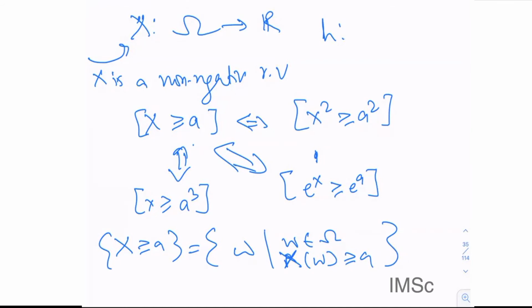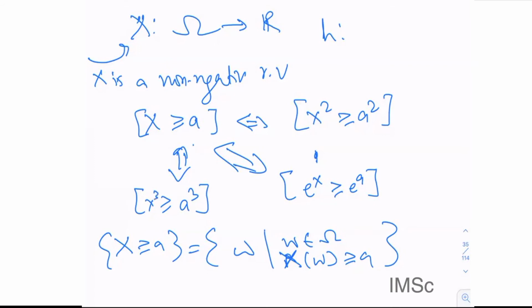What I'm trying to say to you is that I have one random variable, and I want to understand this random variable. But what are we generally interested in? The probability that X is greater than or equal to a. Suppose for now this is the object we are interested in. Now suppose I also knew how X square behaves. I have X, I also have X square knowledge, I also have knowledge about X cube.